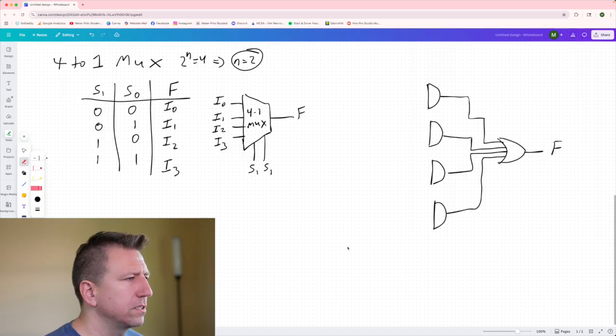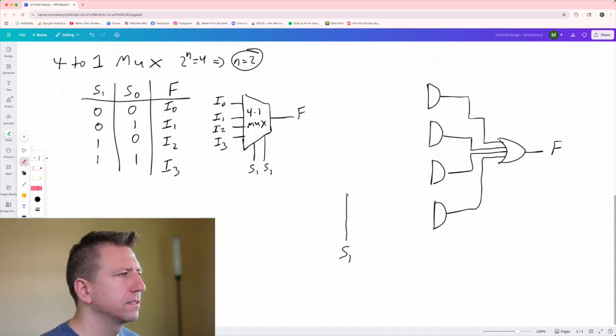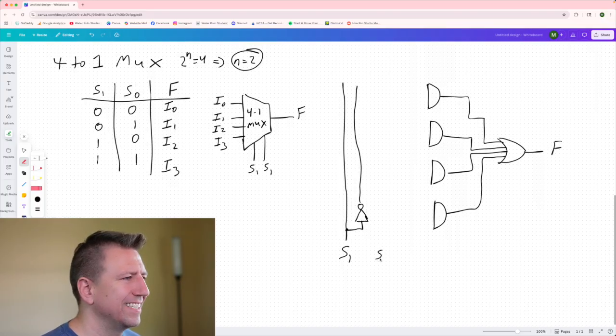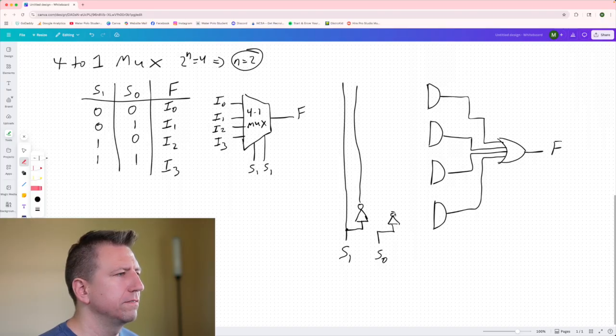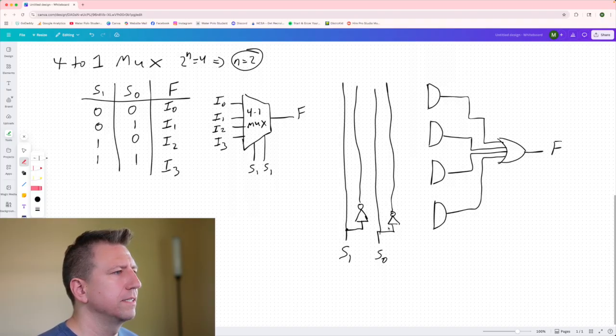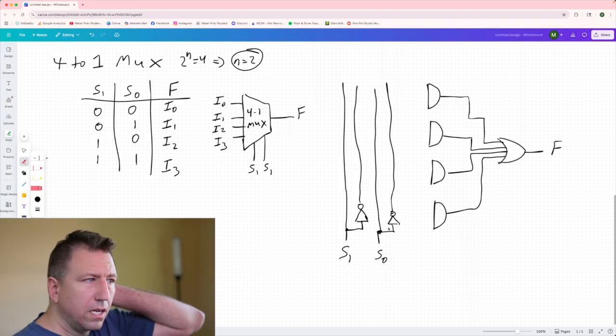And so I have S1, and I'm going to do a vertical line, sort of like we've done before for our input sections. And then I'm going to pull off an inverted vertical line as well. And then S0, same sort of deal. So we're going to do an inverted and a non-inverted line.